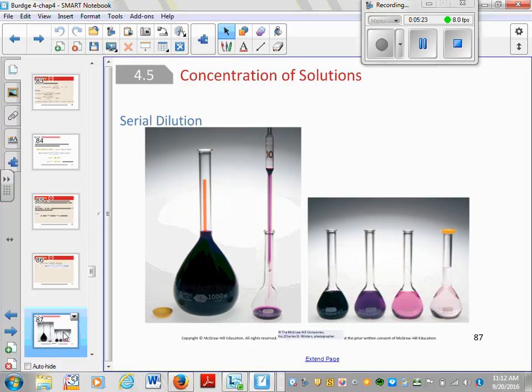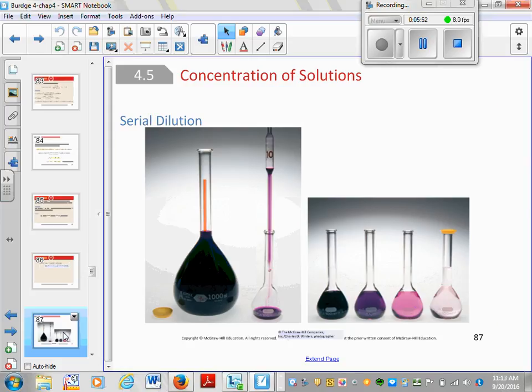Then we take some of the second dilution and make a third dilution, and some of the third dilution to make a fourth dilution. So now we end up with 4 different concentrations. You can see that the flasks get lighter in color as we go from left to right.